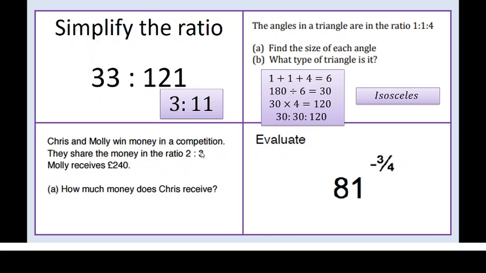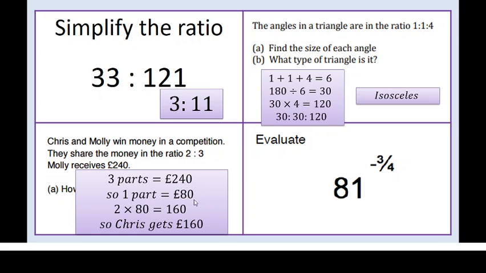It then says that Molly receives £240, so how much does Chris receive? We know Molly got £240 and that was 3 parts of the ratio. If 3 parts is 240, we divide by 3, so 1 part must be 80. Chris got 2 parts, so he got 2 times 80, which is 160.